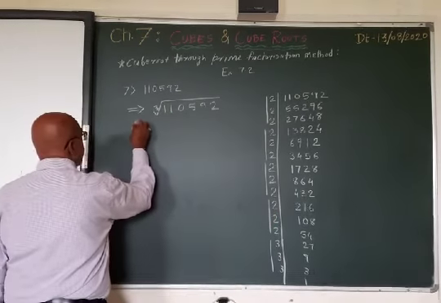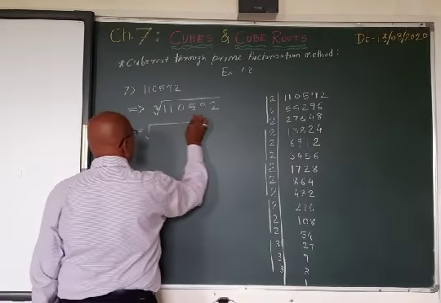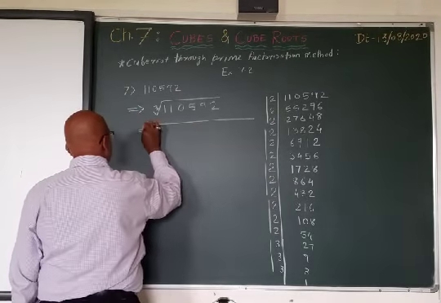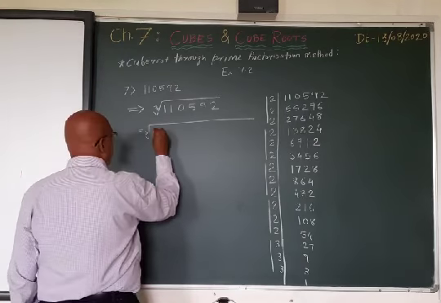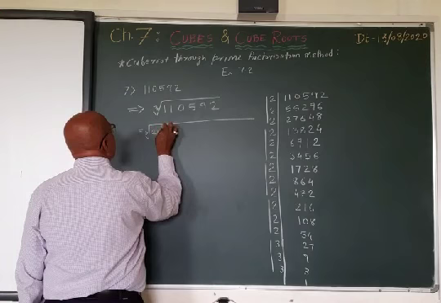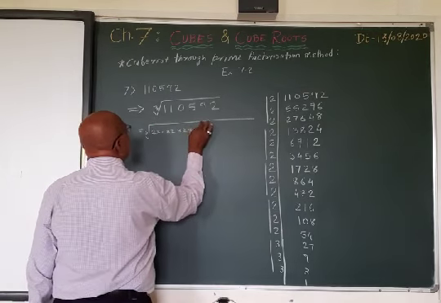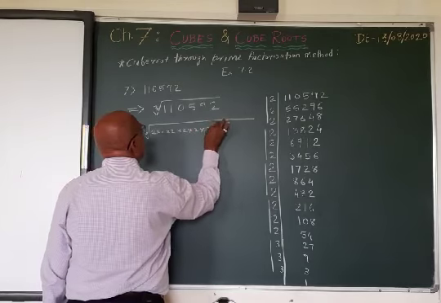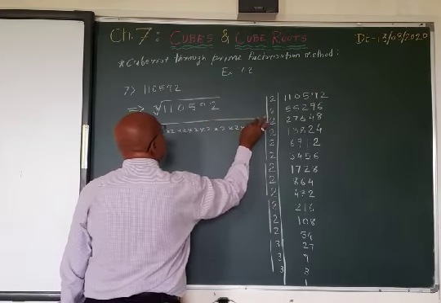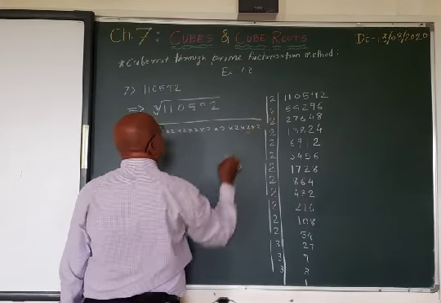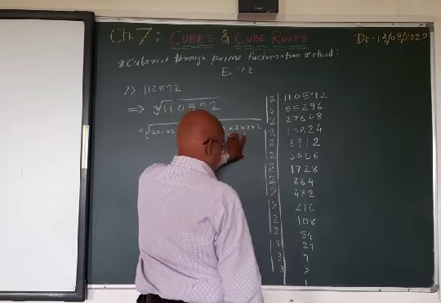So you can write it as cube root of 2 into 2 into 2 into 2 into 2 into 2 into 2 into 2 into 2 into 2, 1, 2, 3.